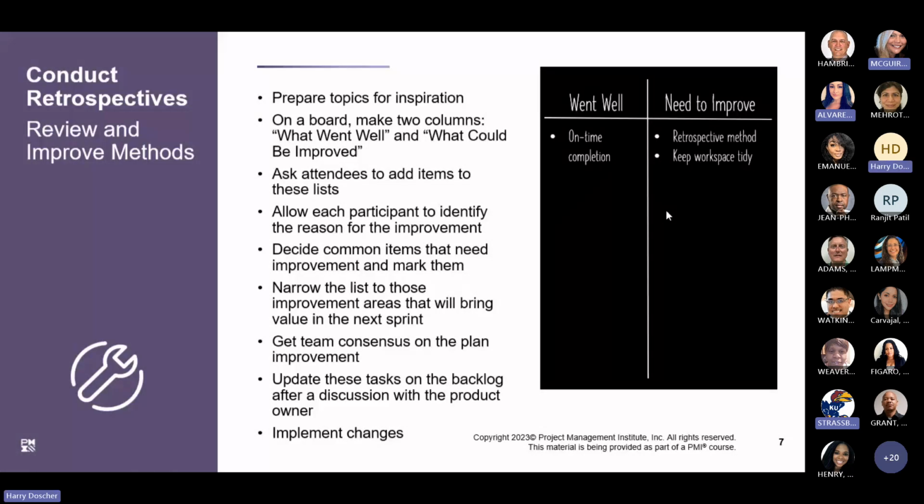And if there's sufficiently high priority, and at least starting out, you're probably going to need to make the product owner aware of how these small improvements can help the team to deliver more value.